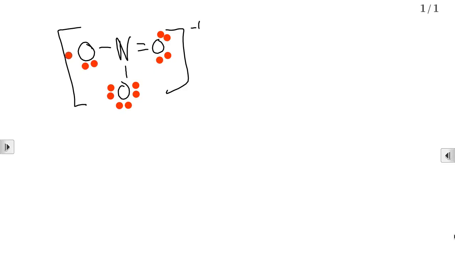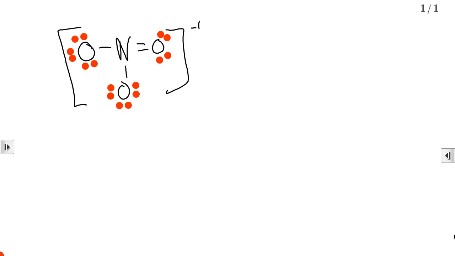So there's nitrate, and everybody's octet is fulfilled and it has the right number of valence electrons. But when you draw nitrate, is it not equally legitimate to put the double bond here, or could you also put the double bond here? Would that change the formal charge of anything? No, it'd be the same.